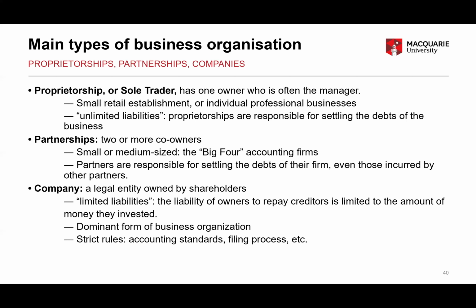But an important feature of a sole trader is this concept of unlimited liability. What this means is that if this business is trading, and let's say it takes out a bank loan, and the business is not going so well, so it's not able to make its repayments on that bank loan.